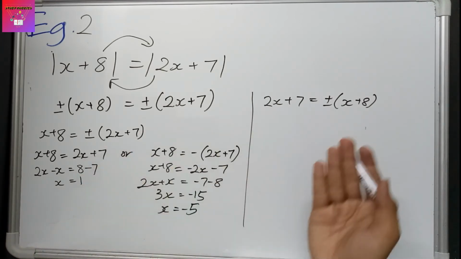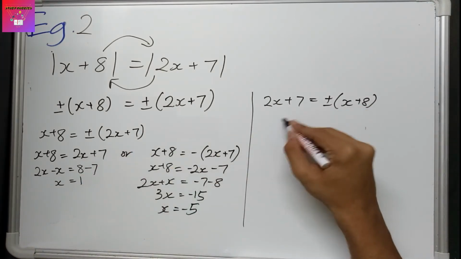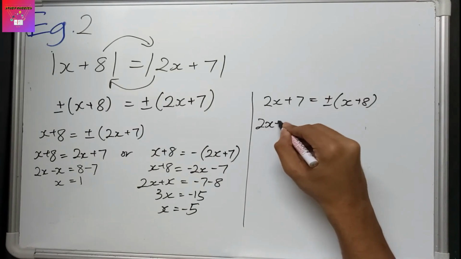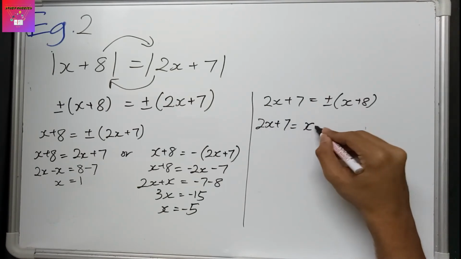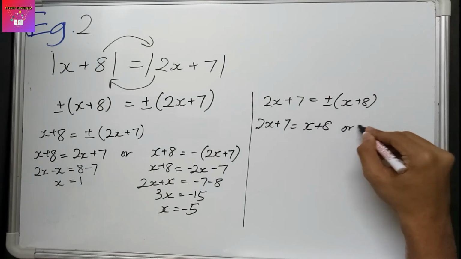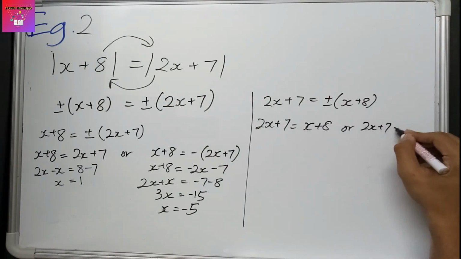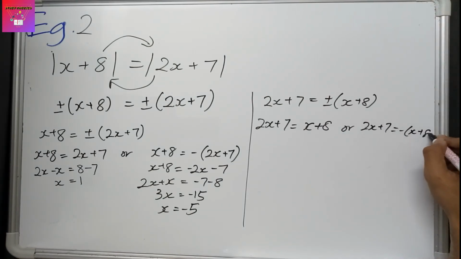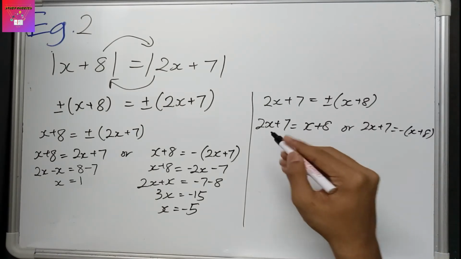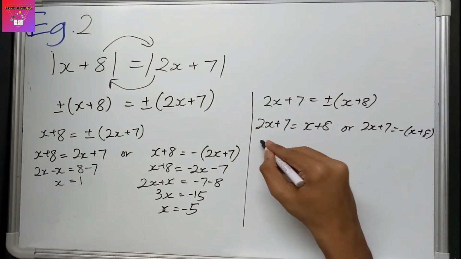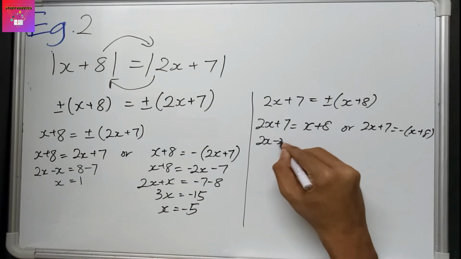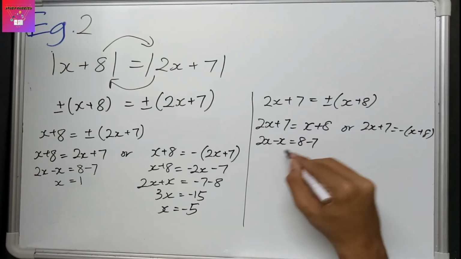And let's say if I'm doing the other way, if I split this, it's going to get 2x plus 7 equals x plus 8, or 2x plus 7 is equal to negative (x plus 8). So I'll solve this side first, in which we are going to get 2x minus x equals 8 minus 7.